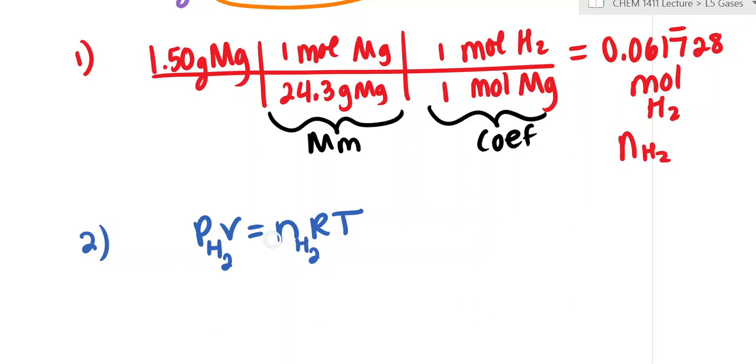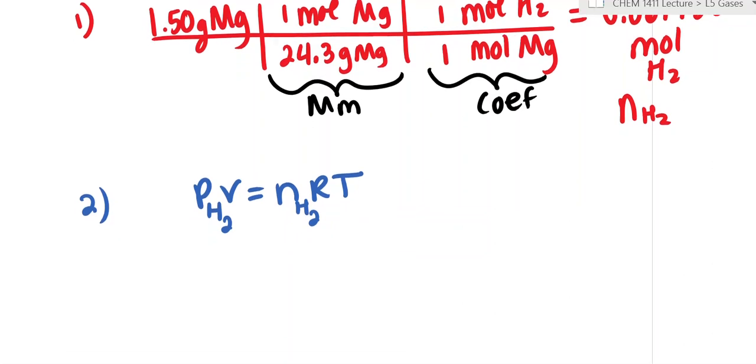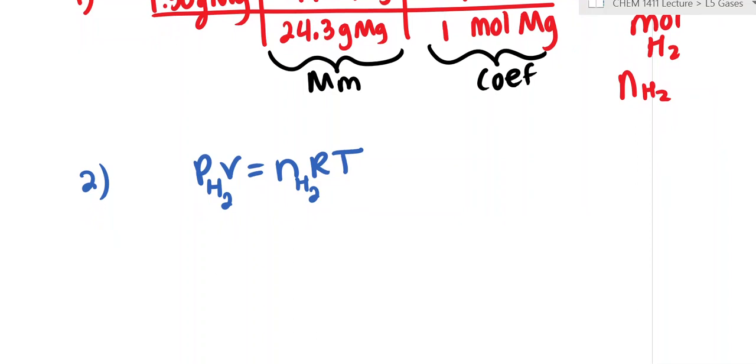Otherwise, I would need the moles of both hydrogen and water. Remember that when you collect a gas over water, it gets water in it. So before I can use that, I need to figure out what this partial pressure of hydrogen is.